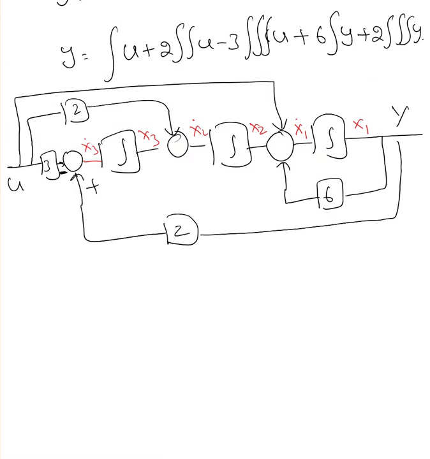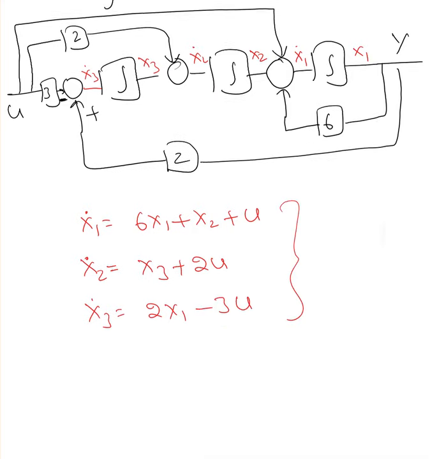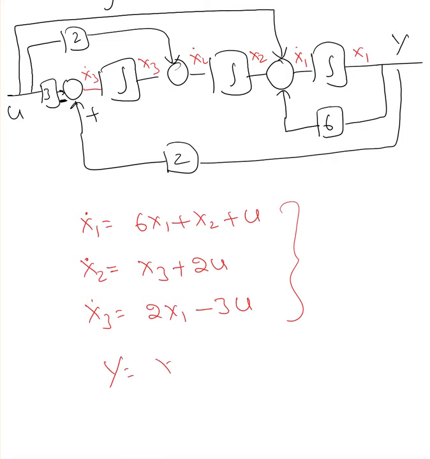Okay, now x1 dot equal to 6x1 plus x2 plus u, and x2 dot equal to x3 plus 2u, x3 dot equal to 2x1 minus 3u. Okay, these are the state equations, and the output equation y equal to x1.